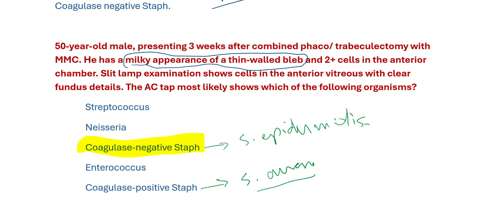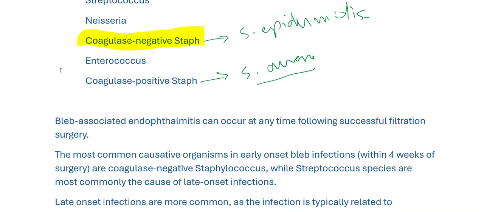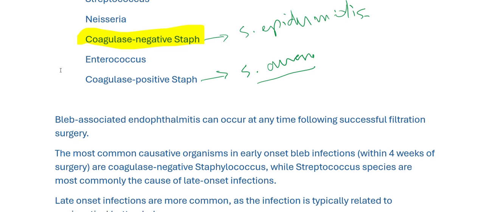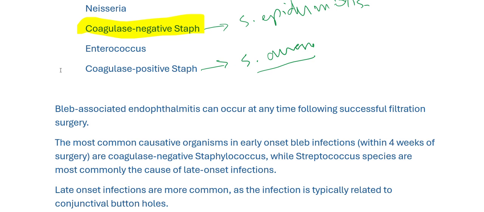And here we need to differentiate between blebitis of early onset following the cataract or following the trap surgery and late onset blebitis. Bleb-associated endophthalmitis can occur at any time following successful filtration surgery.